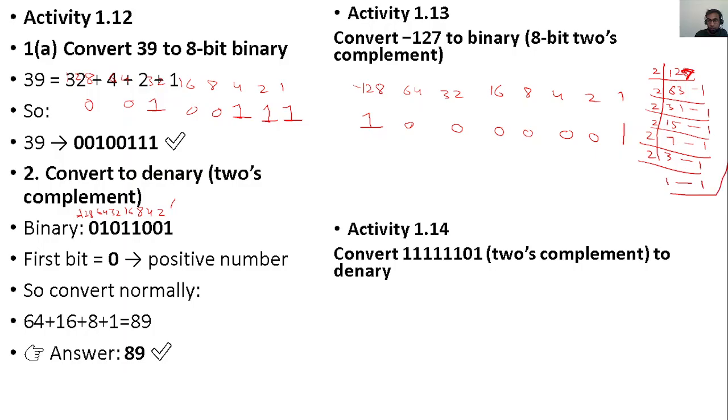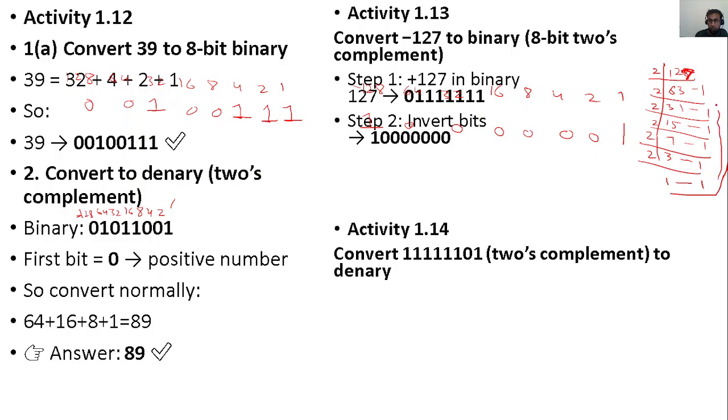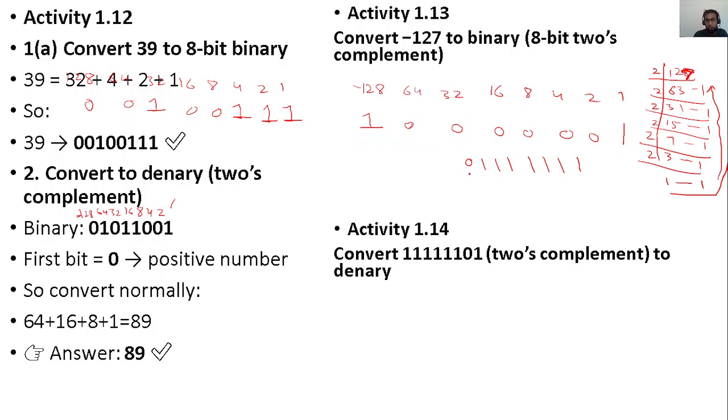So this is how we get triple one and one, and then we have four ones here. So what we have is 0, triple one, double one. So this is our binary number that makes plus 127.